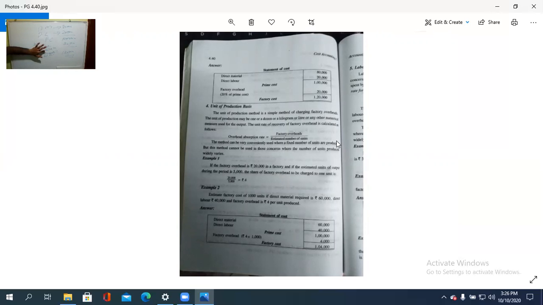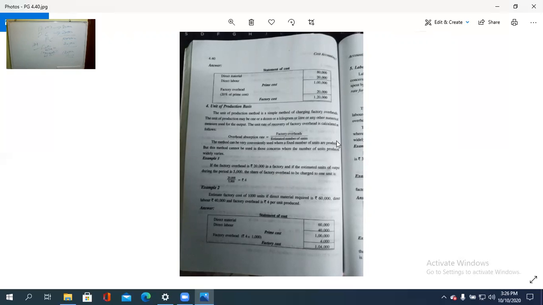First case, percentage on direct material cost. Second case, percentage on direct labor cost, and third case, percentage on prime cost. Clear? In all the three cases, what is the formula? In the first case, percentage on direct material cost: estimated factory overhead divided by estimated direct material cost for the period into 100.